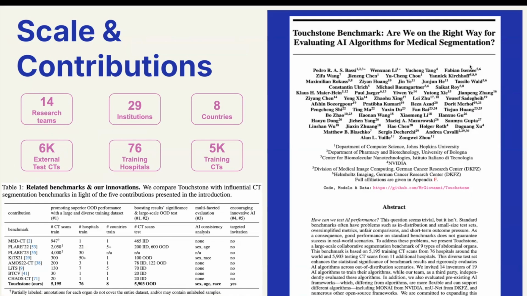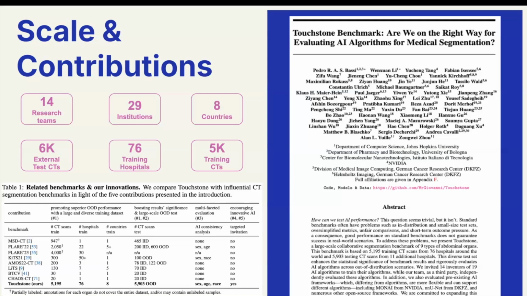And also we have the largest scale training and testing sets for abdominal CT segmentation. We have more than 5,000 training CT scans annotated, fully annotated per voxel for 9 classes, 9 organs. We have 6,000 external CTs for testing, and we have 76 hospitals in our training data sets.